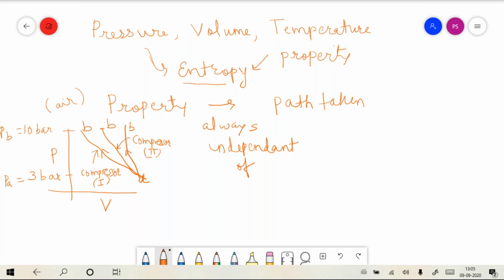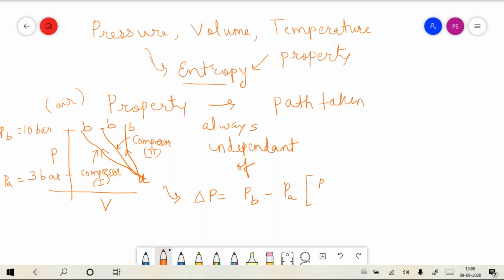So what you say is that suppose I want to find the change in pressure. Okay, so the change in pressure, how do you find? You find the change in pressure by the final pressure, that is PB, minus the initial pressure, that is PA. And you are not worried about the path.